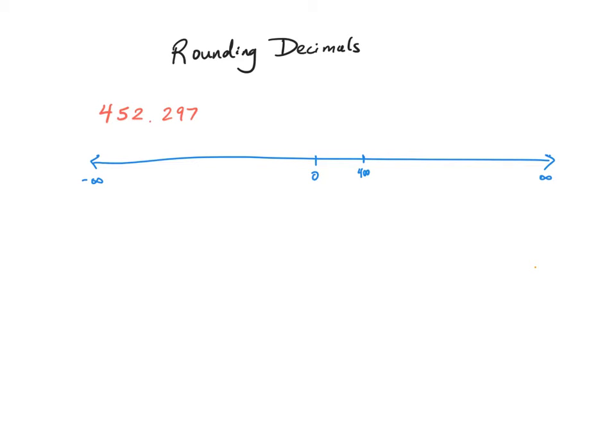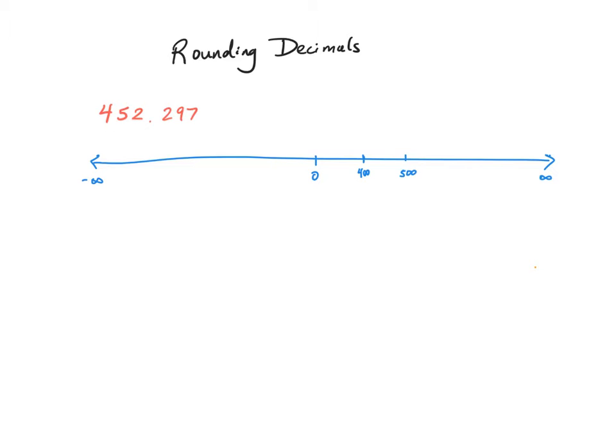This obviously won't be drawn to scale because this number line stretches infinitely in both directions. And I know my number is more than 400. I have a 4 in the hundreds place, but then I have some digits in the tens place, the ones place, and so on. So I know it's more than 400. I'm just going to skip count by 100, and I'm going to call this right over here 500. So I know my number is somewhere in between those 2 points.